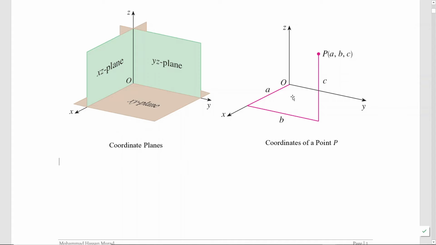Suppose we have a three-dimensional Cartesian coordinate system whose origin is O. The origin of a system always has the coordinates 0, 0, 0.